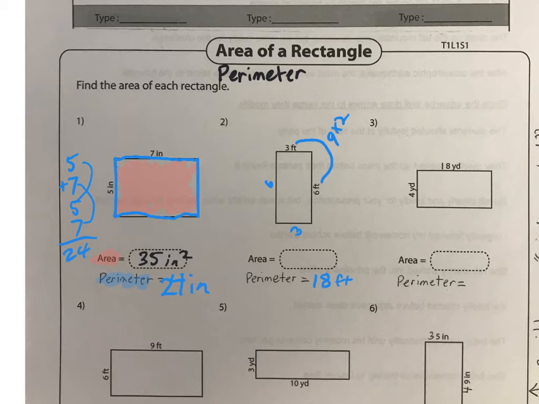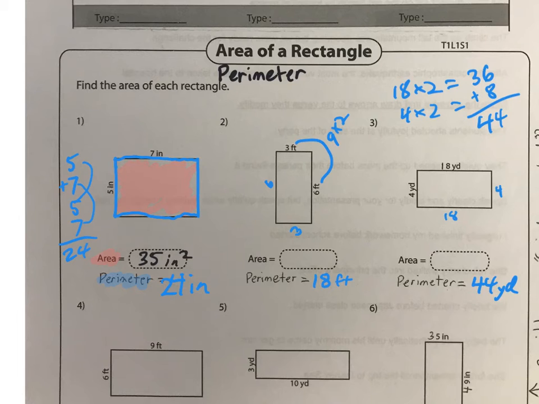Or over here I have 18 and 4. So I could actually do 18 times 2 and 4 times 2, and then I could add those together, and the perimeter of this one is going to be 44. What is this? YD is yards. 44 yards.